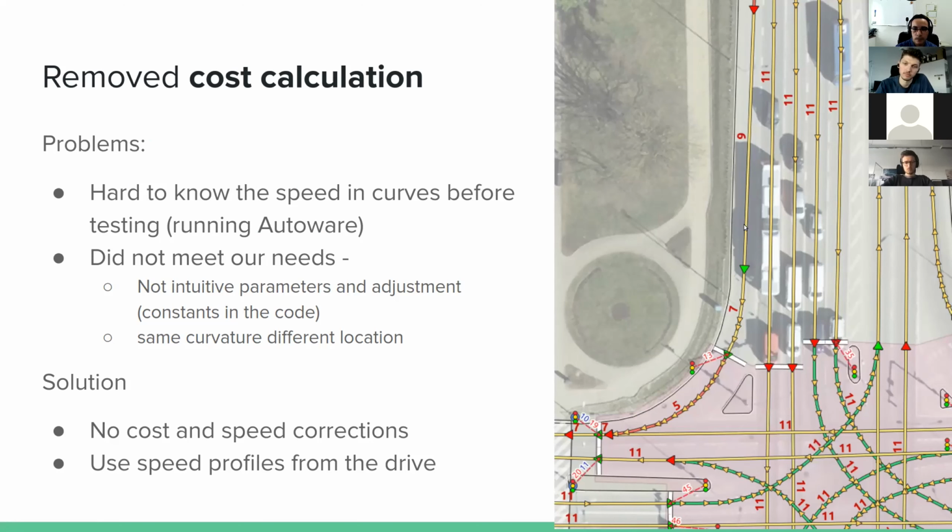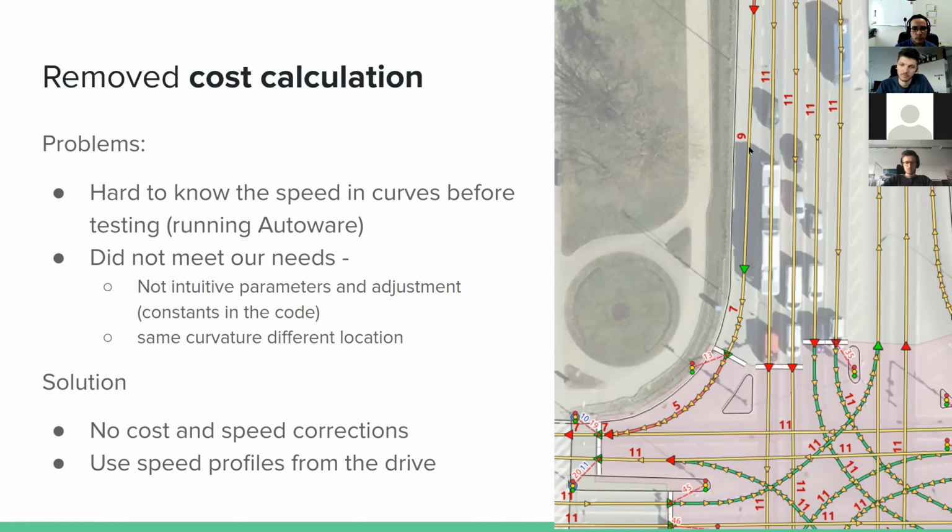So, for example, this turn here, let's say we have an official speed limit in the city, 40 or 50 kilometers per hour. That is close to 13 meters per second. So these red numbers show here the speeds in meters per second.